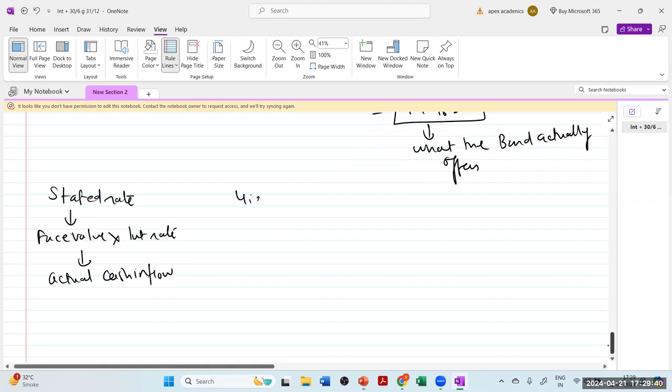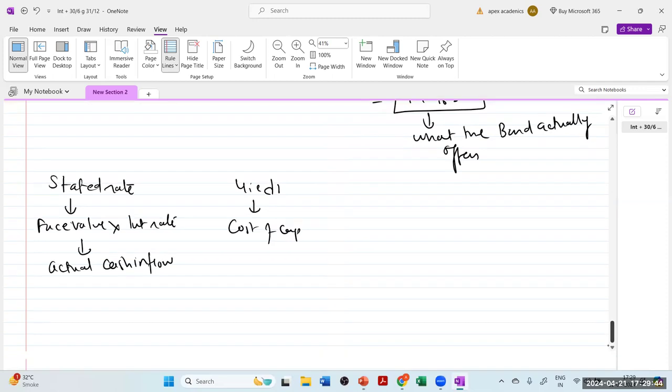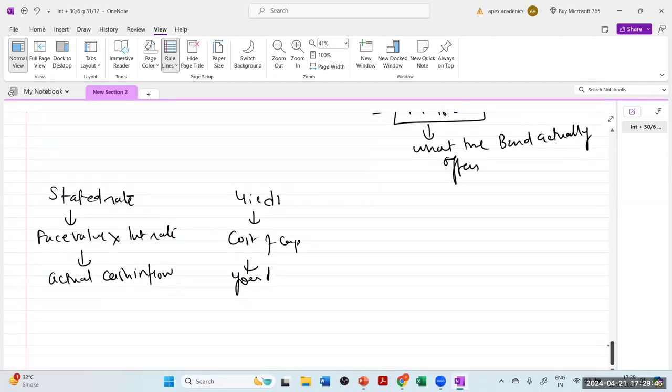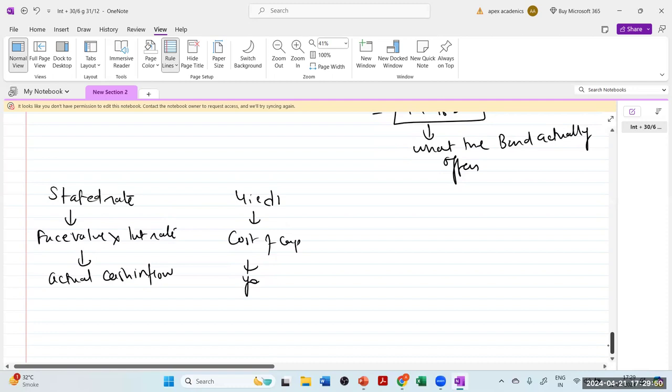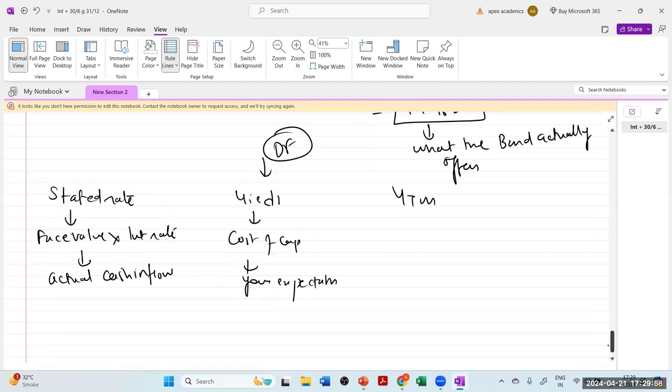Next is yield. Yield is nothing but cost of capital, which is nothing but your expectation. Your discount factor will always be the yield. Yield to maturity is nothing but IRR, what the bond offers.